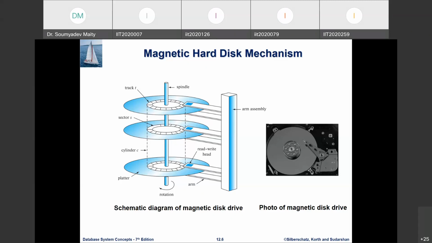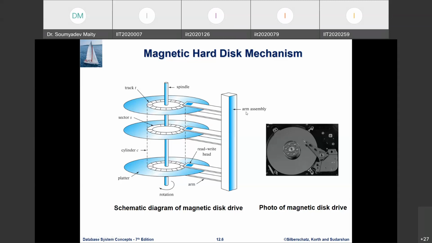But remember that these tracks and sectors are logical divisions only. There is no physical division. This is a continuous surface on both sides of the platter. But logically, we divide it into a number of tracks from the center towards the perimeter, and each track is divided into a number of sectors.